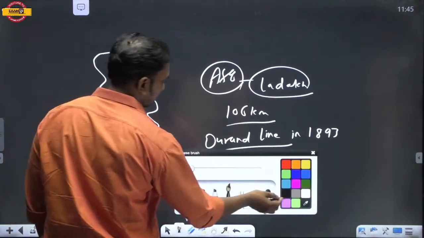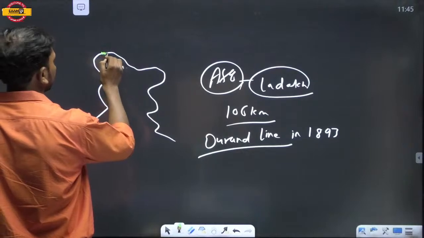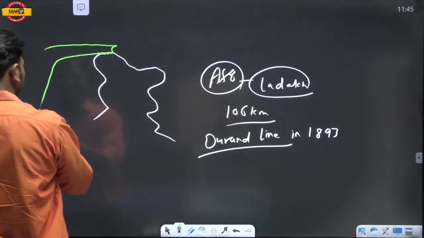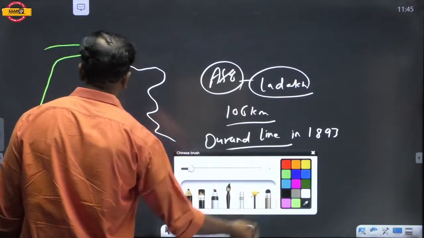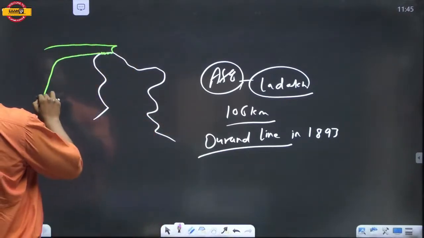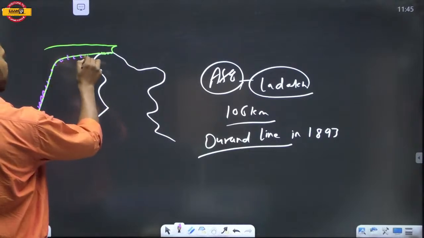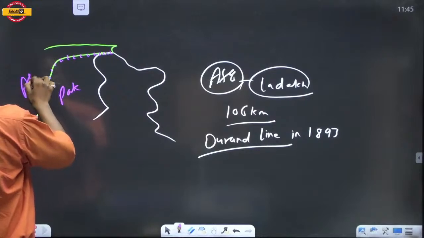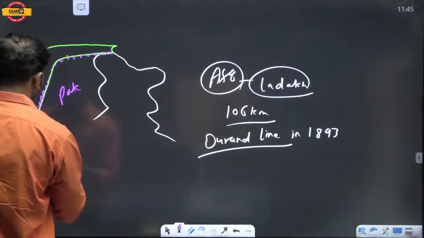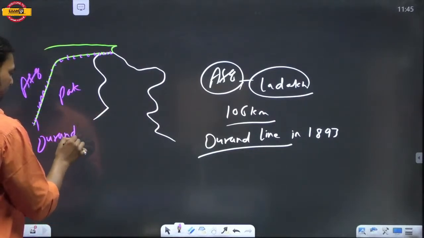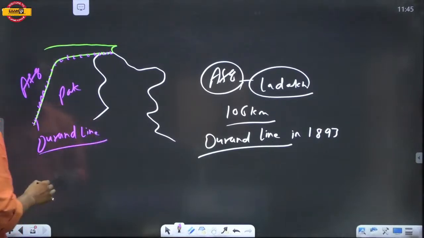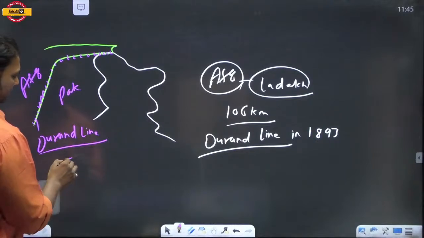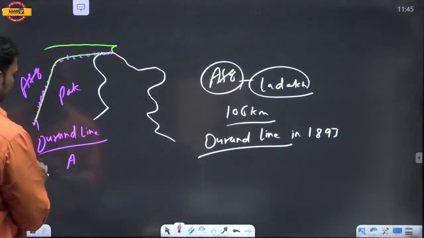Here it is the Durand line. This side is Pakistan, this side is Afghanistan, and this is the Durand line. So if the question asks the Durand line between which two countries, then it would be Pakistan and Afghanistan.